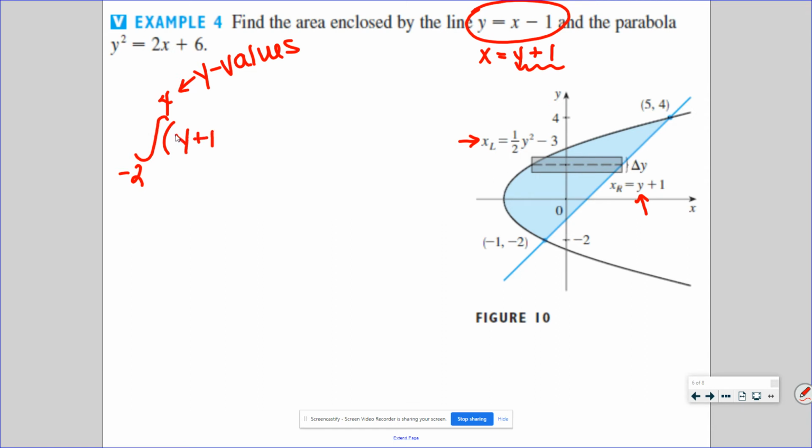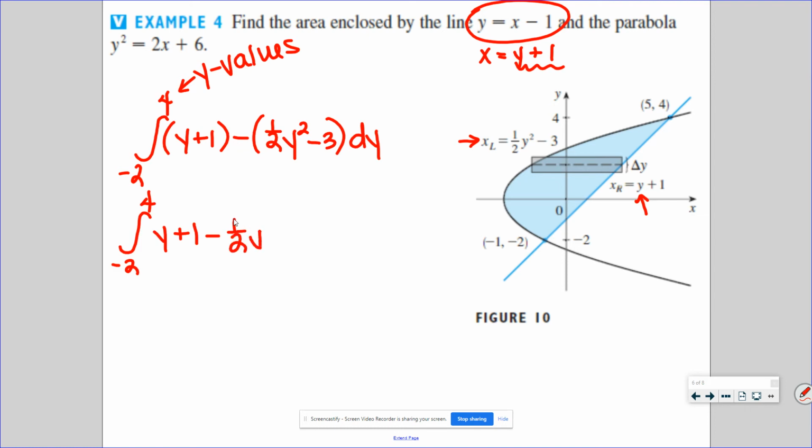So it's going to be the right side, y plus 1, minus the left side. And then this time, since we're using the letter y, it will be dy. Okay? I honestly think that's the hardest part right there because the rest is basically you just doing some algebra and integrating and plugging in numbers, okay?